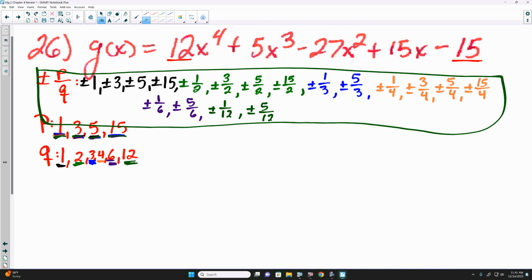Questions on this here? This problem here, this is all it's asking for. It's just asking us to list them out. It's not asking us to solve this. And it actually turns out none of these rational zeros actually work for this function, so there's no solving it for us anyways. Questions on 25 and 26? Are we ready for 27 and 28?